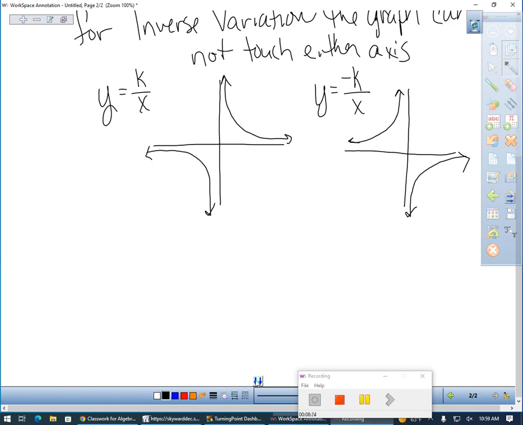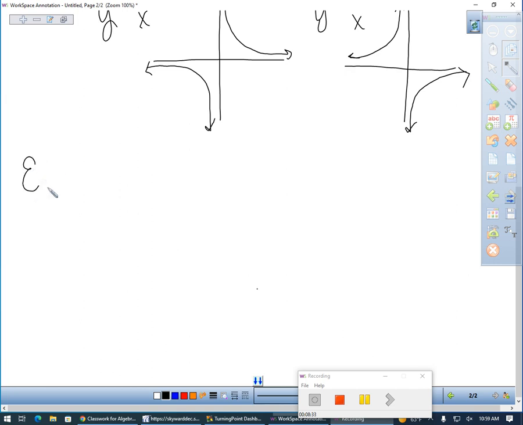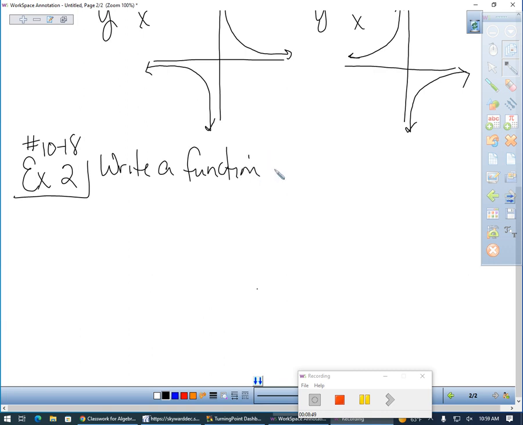All right, so for example number 2, this is how it looks. And this will be your numbers 10 through 18 as you refer back to your notes. All right? So it's going to ask you to write a function and graph the inverse variation.